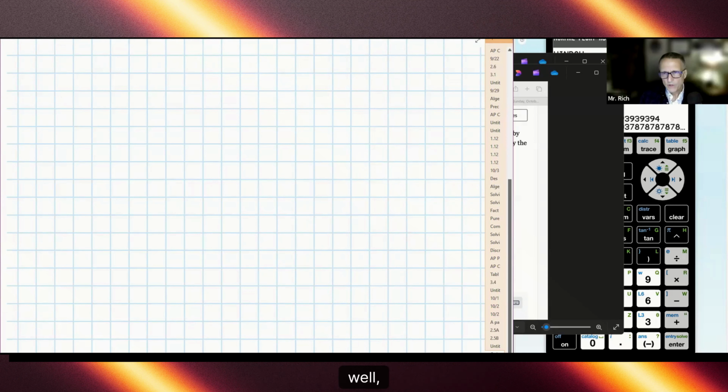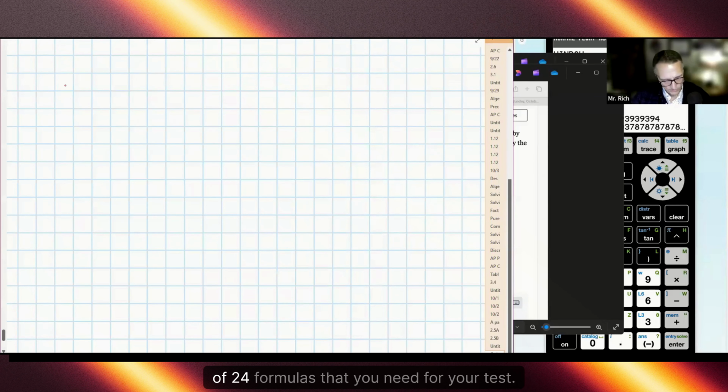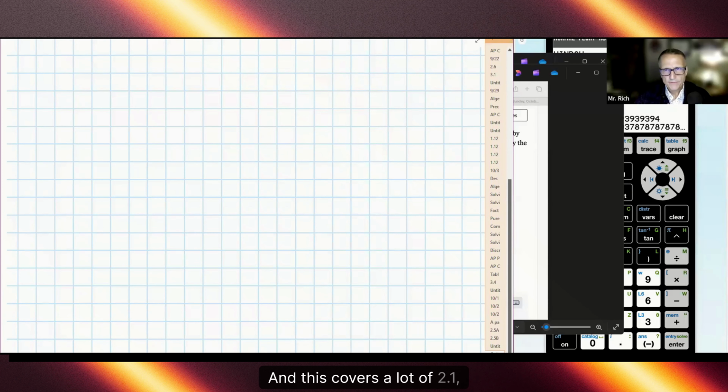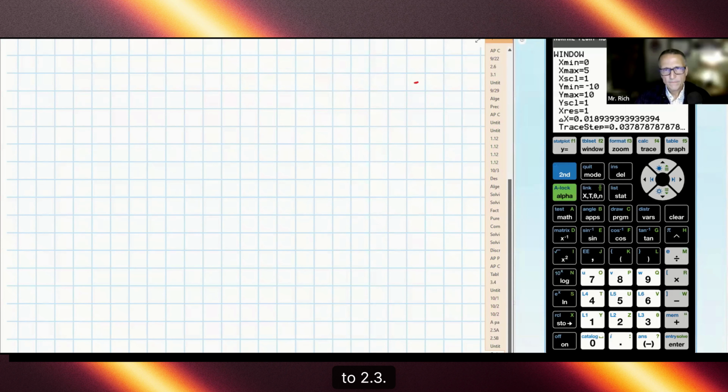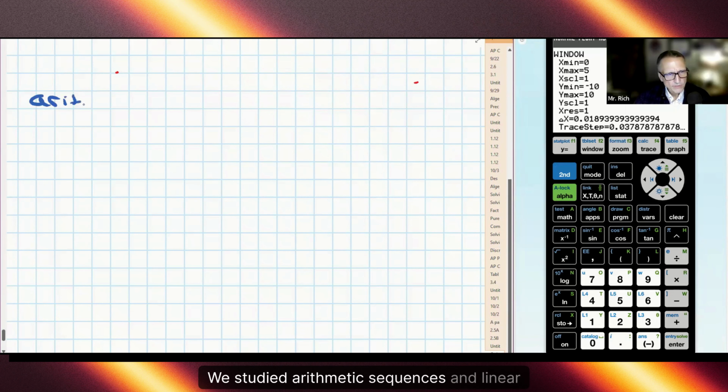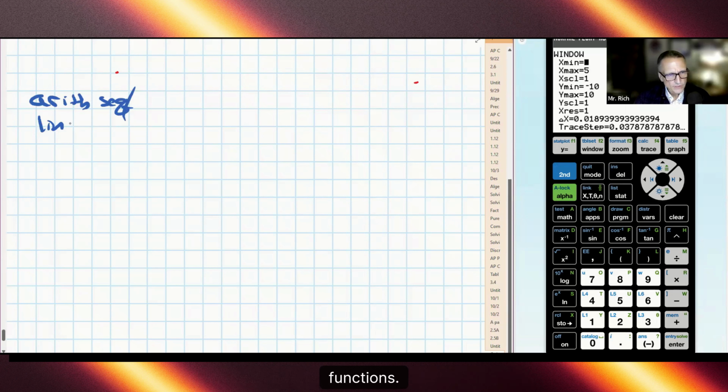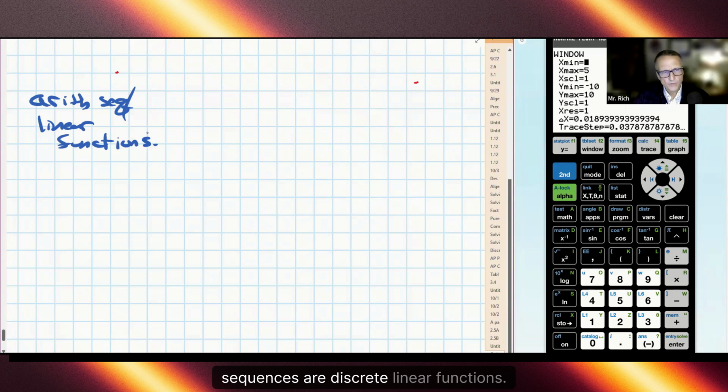All right. Well, let me remind the pre-calc students of four formulas that you need for your test. This covers a lot of 2.1 to 2.3. We studied arithmetic sequences and linear functions. They're really one and the same. Arithmetic sequences are discrete linear functions; they're dots that form a line if you were to connect the dots.